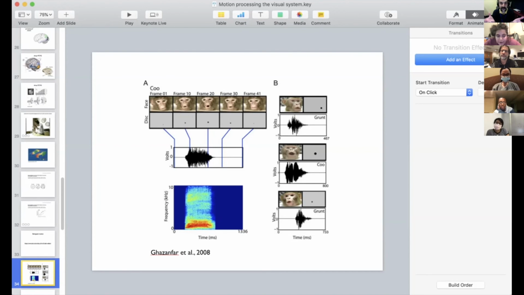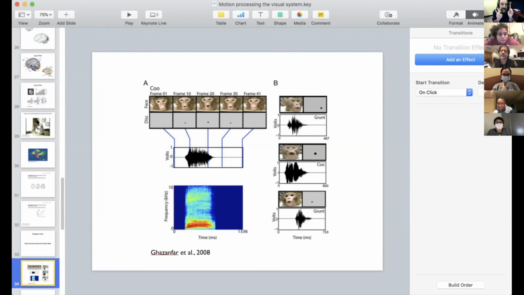But categorical responses are these things you see in IT, like the response to faces. But there is no such parametric space to go from face to non-face objects and show that the tuning fades away. So we are kind of stuck with these categorical responses.